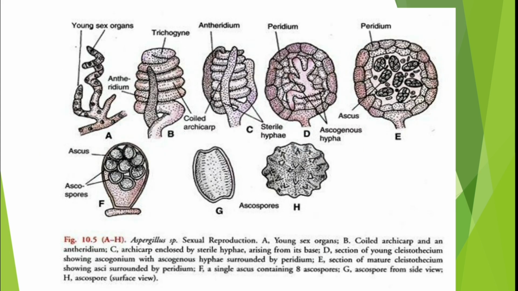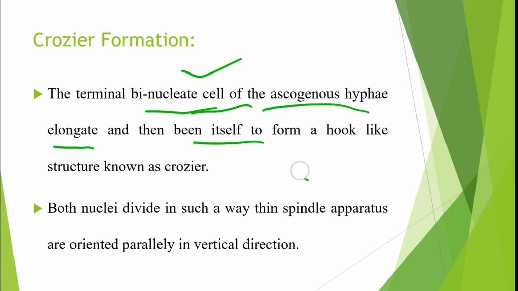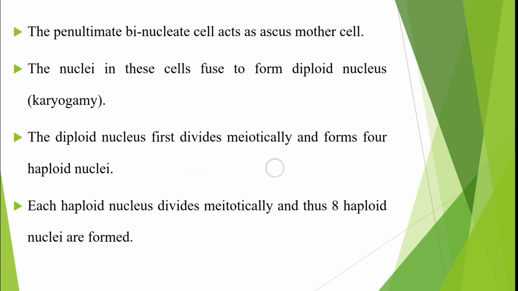What is crozier formation? Crozier formation means the terminal part of this binucleate cell of the ascogenous hypha elongates and forms a hook-like structure, which is called crozier. Both nuclei divide in such a way that the spindle apparatus are oriented parallel in a vertical direction. The penultimate binucleate cell acts as the ascus mother cell.